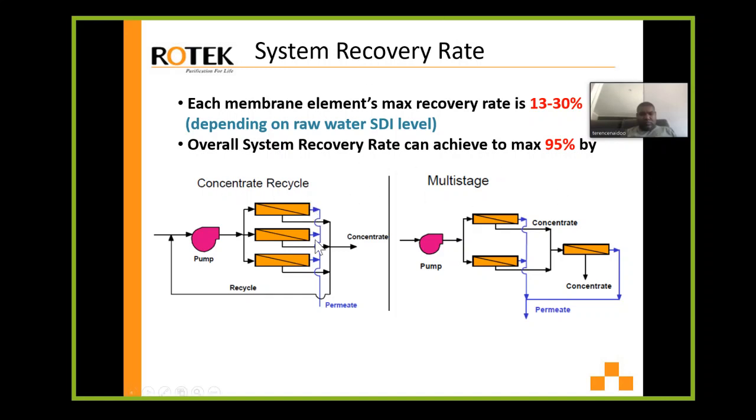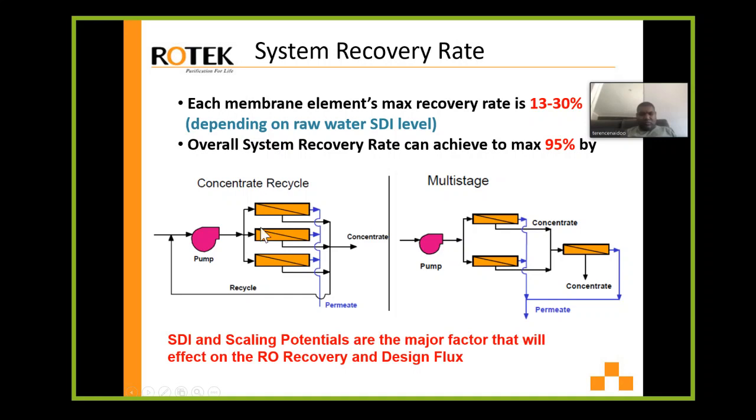Concentrate recirculation meaning, okay, for example, this is one stage. In one stage, if we take 30% recovery, meaning only 10 cubic meters come in, 3 cubic meters come out, and concentrate should have 7 cubic meters per hour. But that will be a lot of water to be wasted.